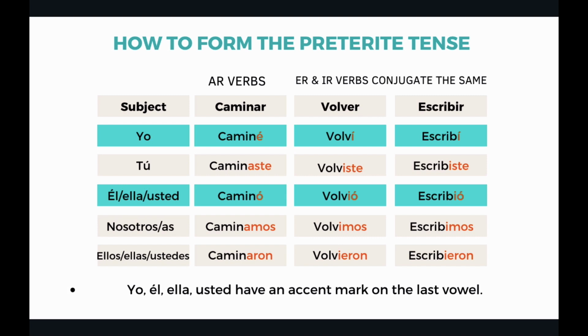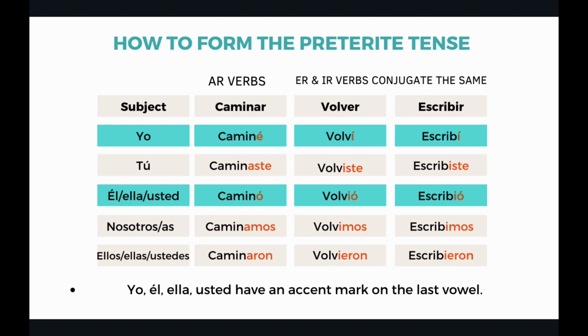In the yo, I, and the él, ella, and usted, so he, she, you, formal, all of those verbs have an accent mark on the last vowel. Are you seeing that e with an accent in caminé? Are you seeing the I with an accent mark on volví, escribí?